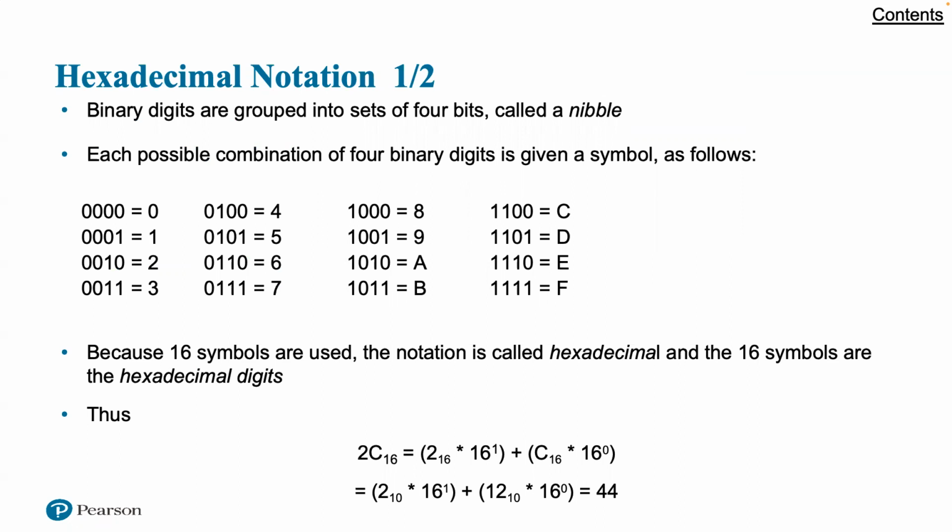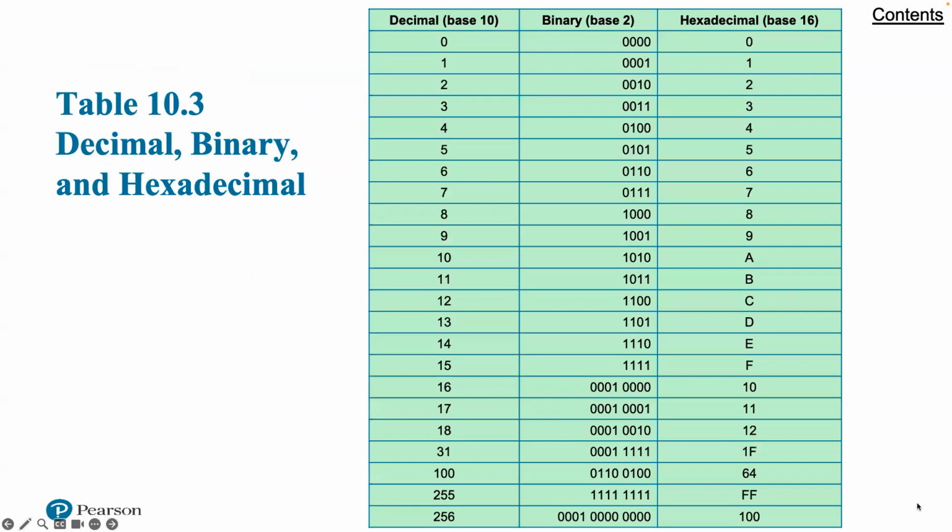Binary digits are grouped into a set of 4 bits called a nibble. So each possible combination of 4 binary digits is given a symbol. Because 16 symbols are used, the notation is called hexadecimal, and they are called the hexadecimal digits. So here are the ways of thinking about the decimal, binary, and hexadecimal.